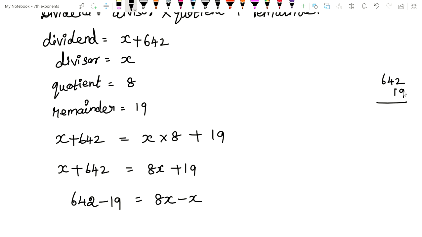So 12 minus 9, it becomes 3. 3 minus 1, 2, 6. So 623 equal to 8x minus x. What will you get, children? 8 minus 1, 7. So 7x.